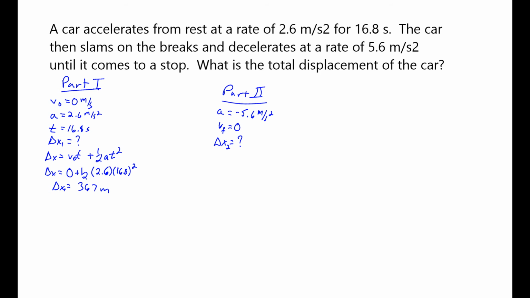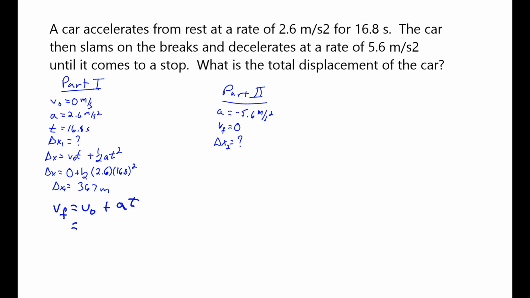Yep. And just a piece of advice, when you're finding two things, if at all possible use information you've been given as opposed to information you found. So we don't want to use our delta x just in case we get delta x wrong, then we get the final velocity wrong too. So we're going to say Vf equals Vo plus At.